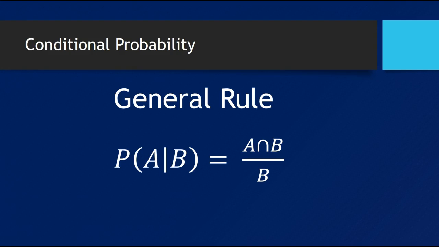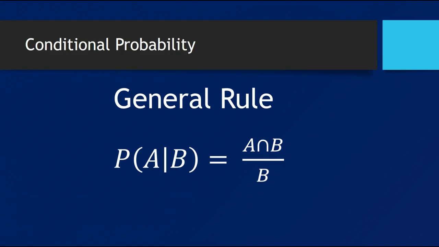In other words, probability based on a certain condition or a certain something happening. So without further belaboring the point, when we have dependent events, the probability of A happening, given that B has already happened, is going to equal the intersection of A and B on top divided by B. What I mean by that is the probability of the intersection, or just how many things are in the intersection if we're talking about a classical probability example, and then given B. So this is how conditional probability is generally thought of.